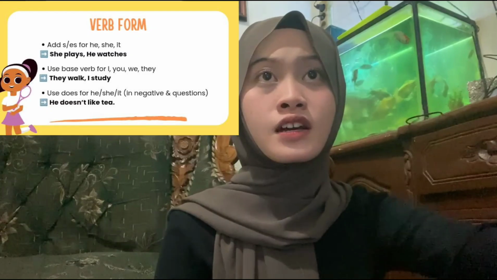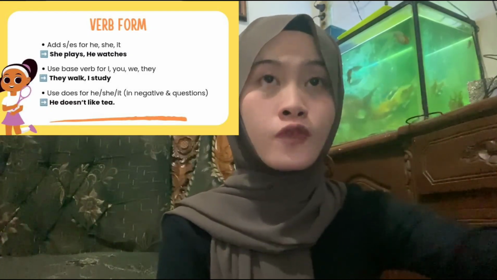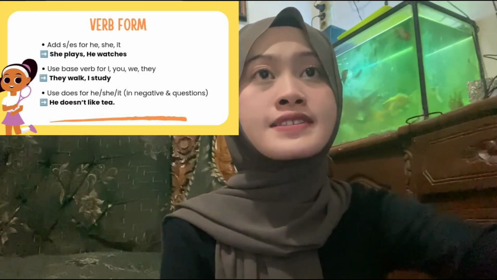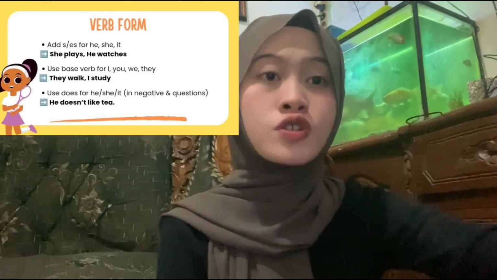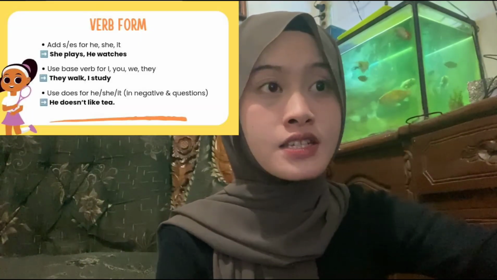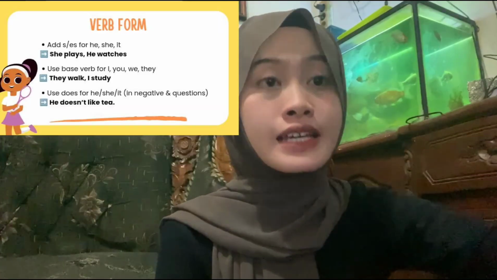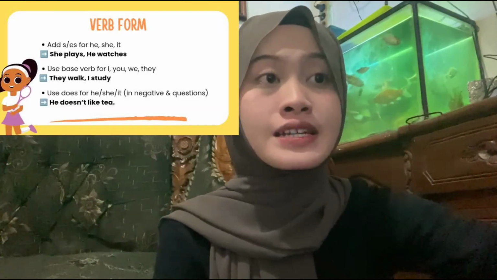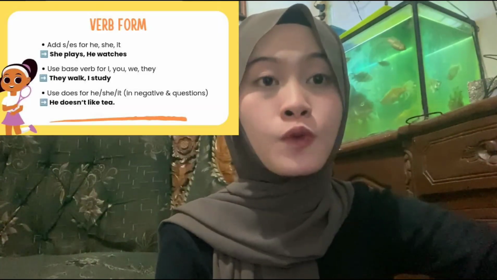Yes, the next is verb form. Here are some important verb rules to remember. The first is add s or es for the subject of he, she, it. For example, she plays or he watches.